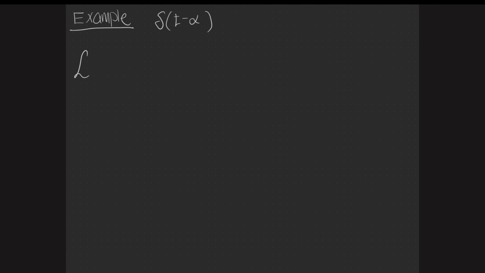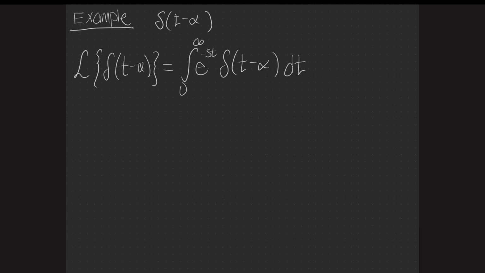So now if we take the Laplace transform of this Dirac delta function, we have this integral. Now this Dirac delta function is kind of like a weird tool that we use for integrals, and this integral just ends up being e to the negative s times alpha.